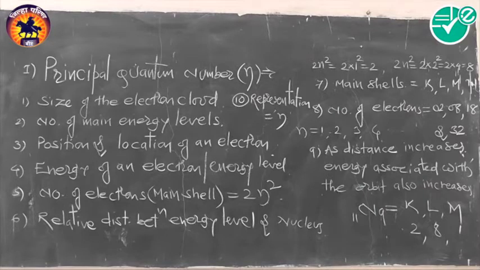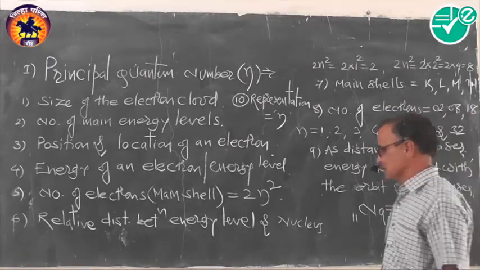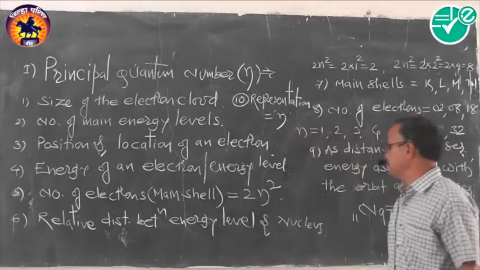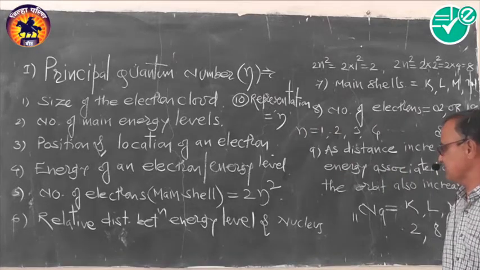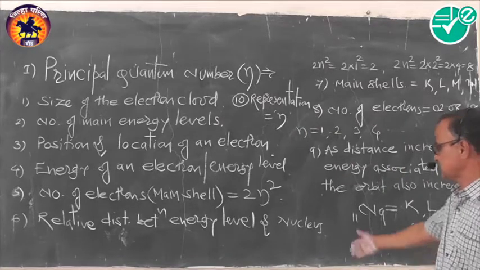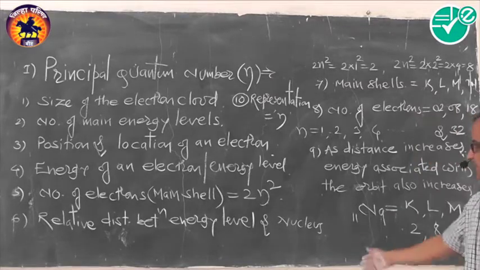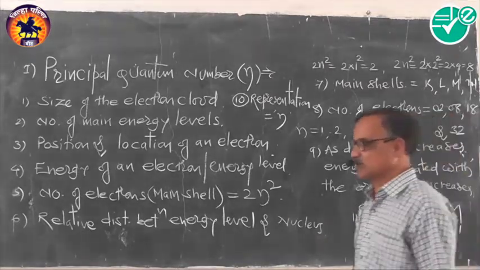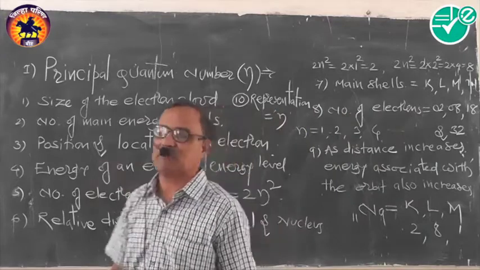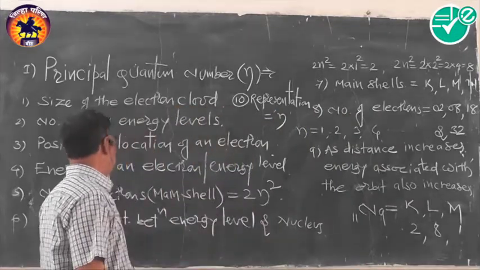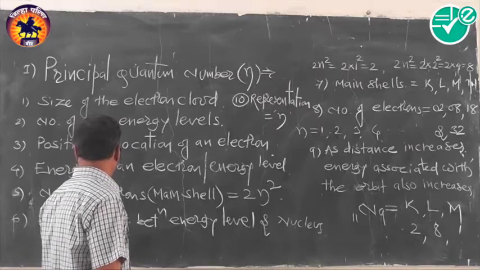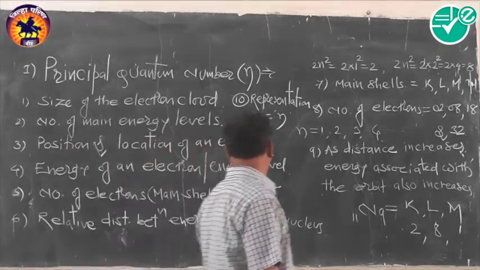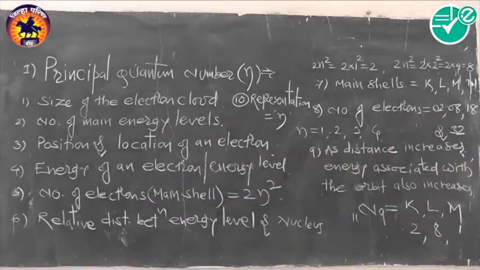The outermost electron is present in a main energy level, which may be K, L, M or N. So the relative distance between the energy level and the center of the nucleus is given by the principal quantum number. That's why the principal quantum number is able to give the relative distance between the energy level and the nucleus of an atom.